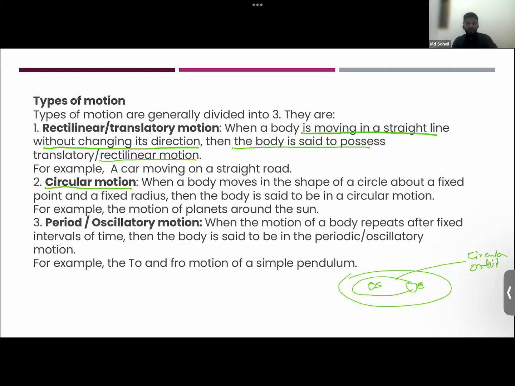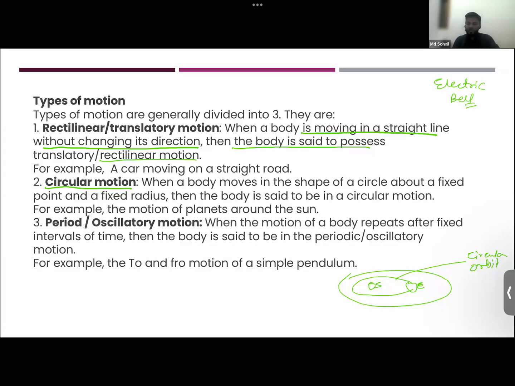In a periodic motion, the object after an interval of time repeats the same type of motion. So the motion repeats itself after an interval of time, and that is called periodic motion. For example, a pendulum. Or, if you see an electric bell, have you seen an electric bell?